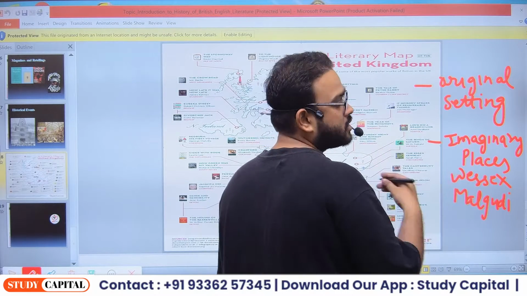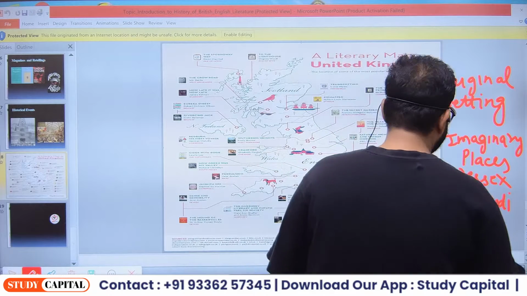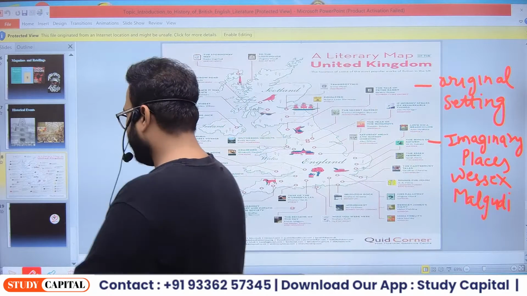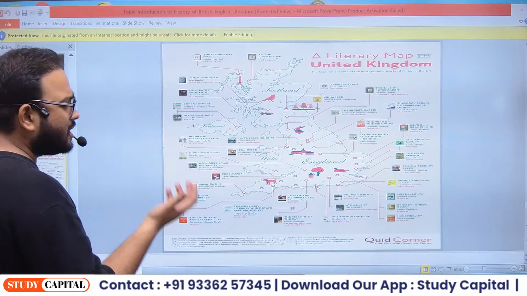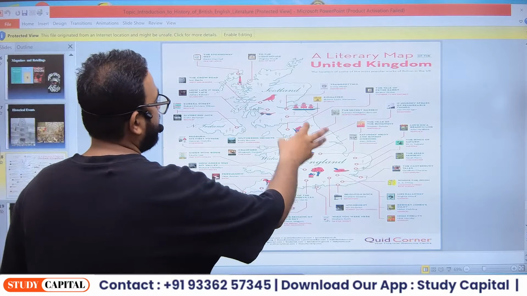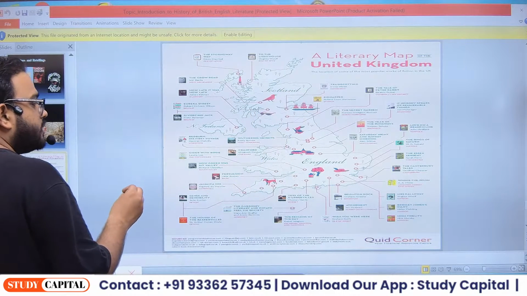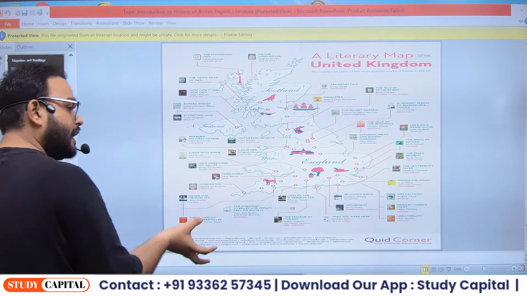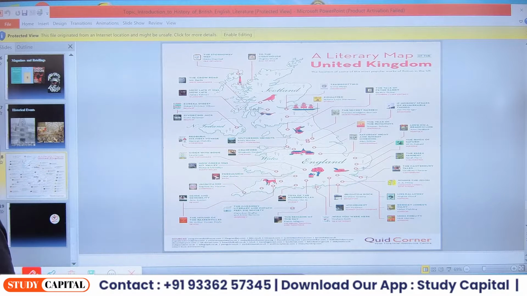Faulkner will again come up with his own Yoknapatawpha, an imaginary land. So all these places, England, Scotland, Ireland, you have writers exploring these places in great detail. That is also something that you'll have to look at in every particular era.